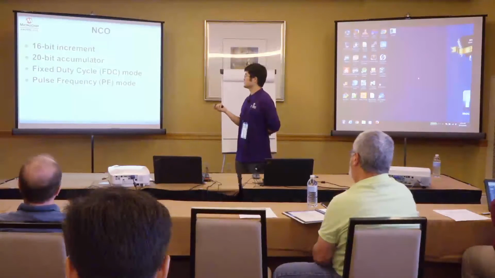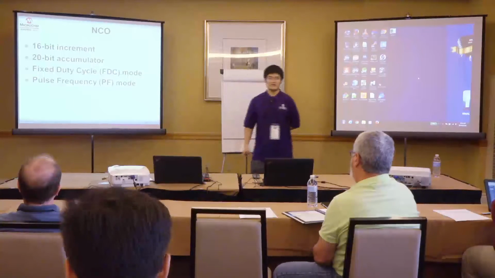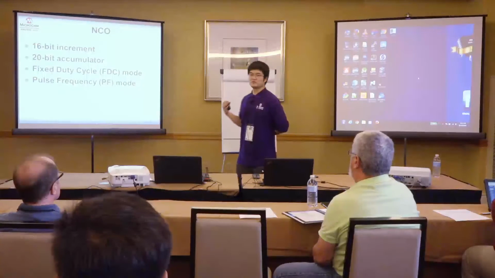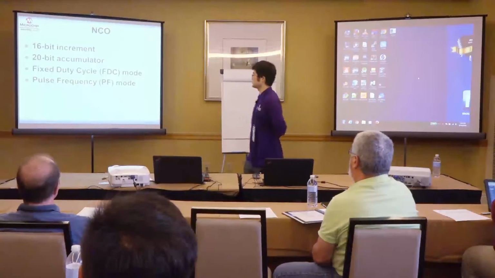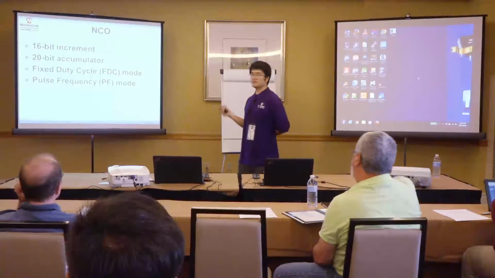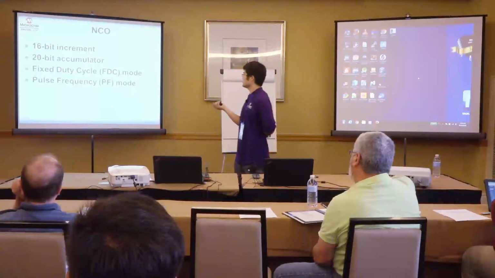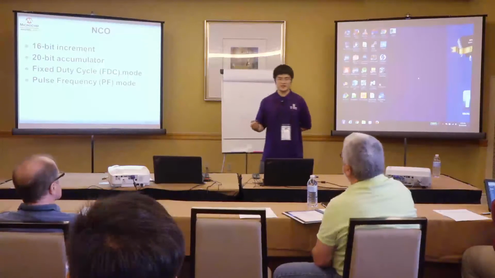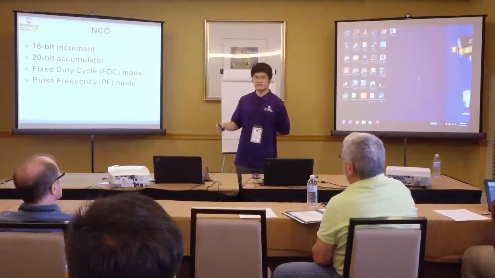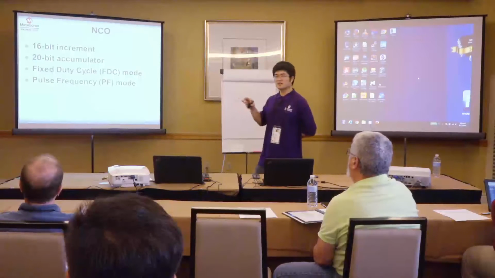The first one is fixed duty cycle. For the fixed duty cycle, the NCO module provides a 50% duty cycle. And we have another mode called PF, which is pulse frequency mode. This one lets you count a specific number of pulses, and then it will shut itself down. So how do we use that? We will see examples soon.